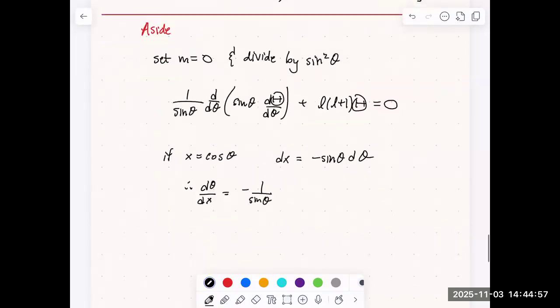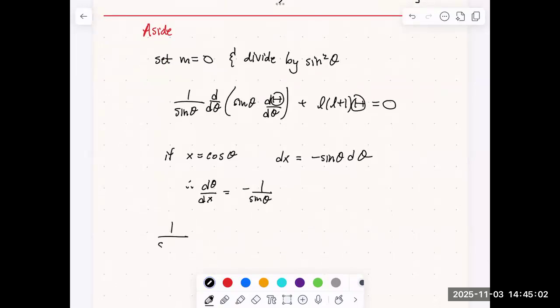So what I want to do is 1 over sine theta, d by d theta. So 1 over sine theta is like minus d theta by dx. So this is minus d theta by dx.